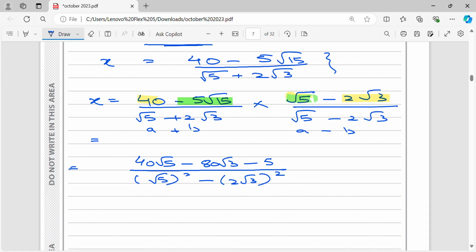Let's check. Root 15 times root 5 is 5 root 3.